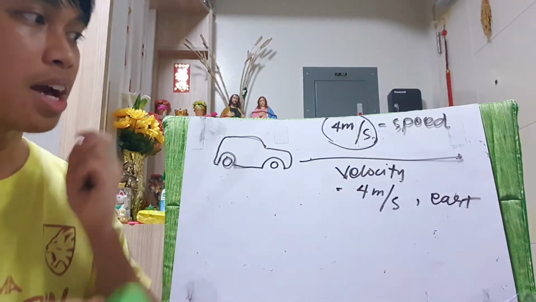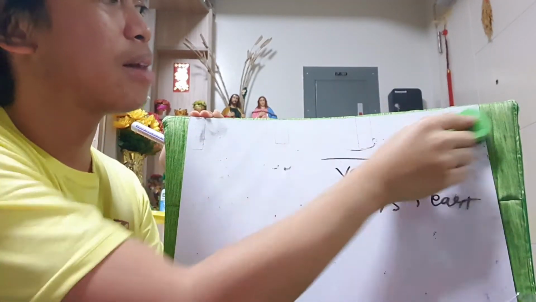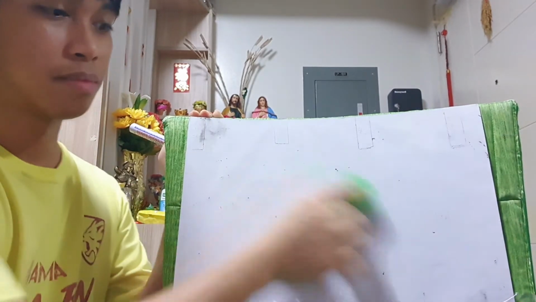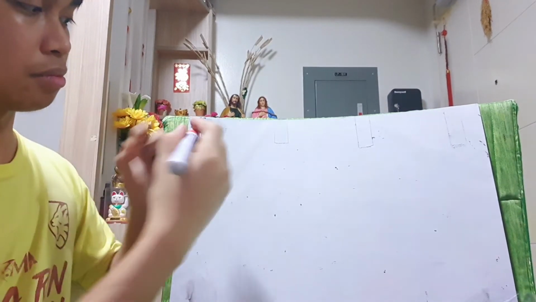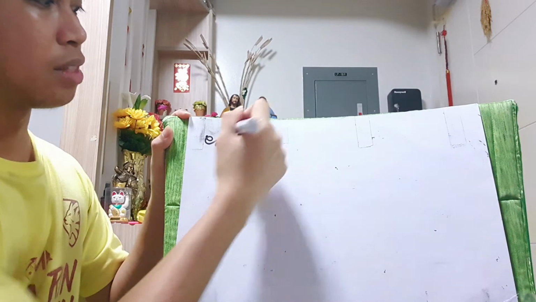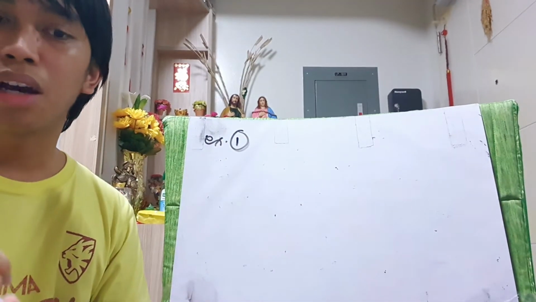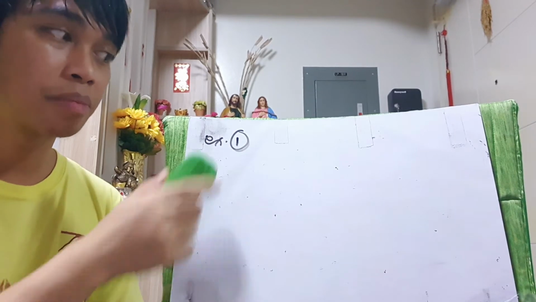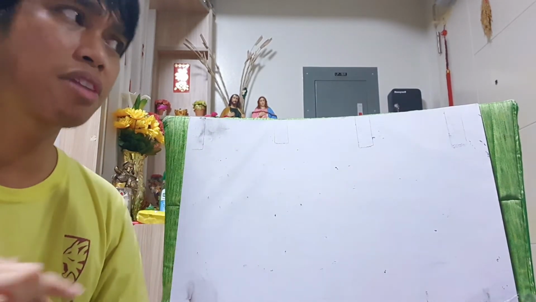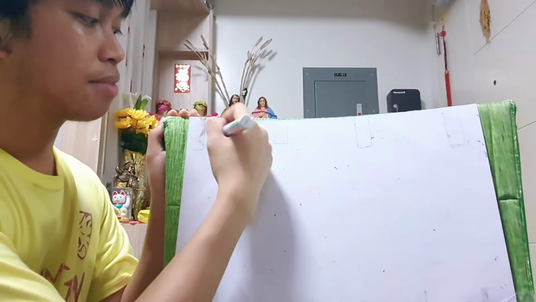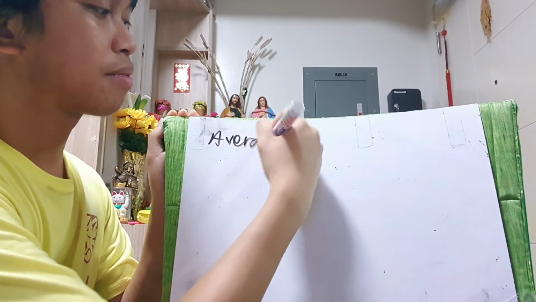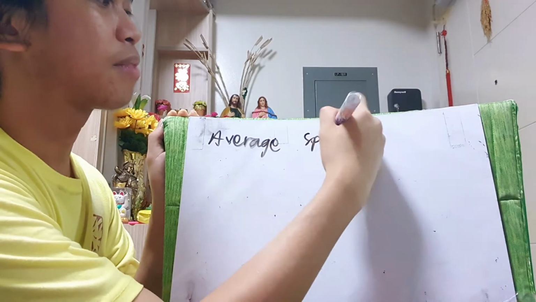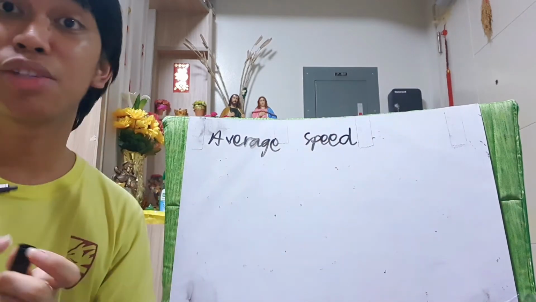Now let us cite some examples. How are we going to know the speed or velocity of a moving object? There is what we call average speed as well as average velocity.